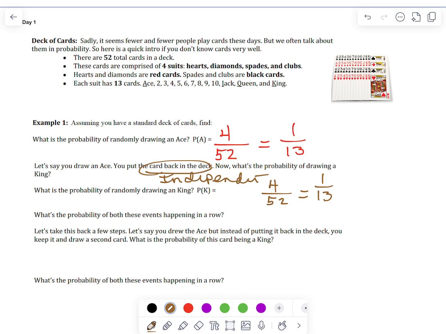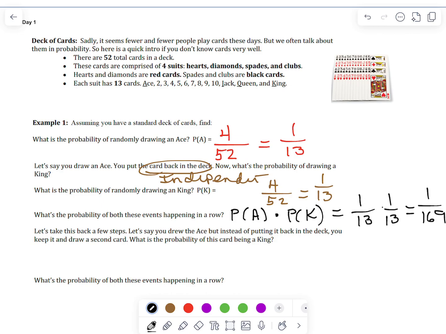So now you have 2 events. You have the probability of the ace times the probability of the king. So you multiply those 2 events together. So 1 out of 13 times 1 out of 13, then you multiply across, 1 out of 169.